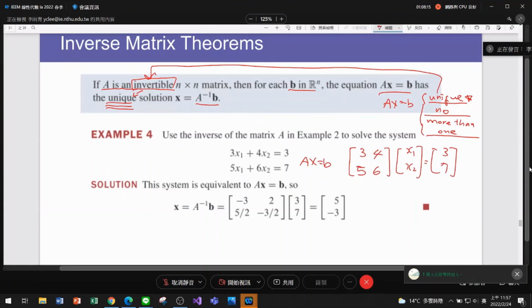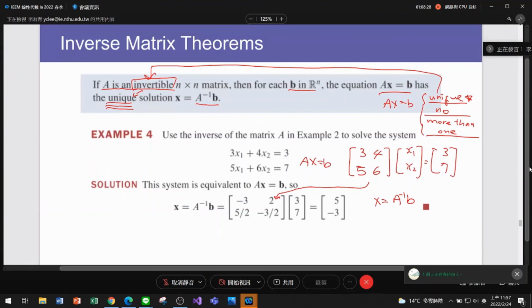And then we find the inverse of it to calculate x equals A inverse B. This is a 2 by 2 matrix. So how do we compute the inverse of it?